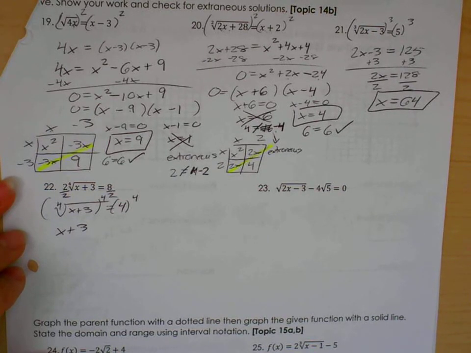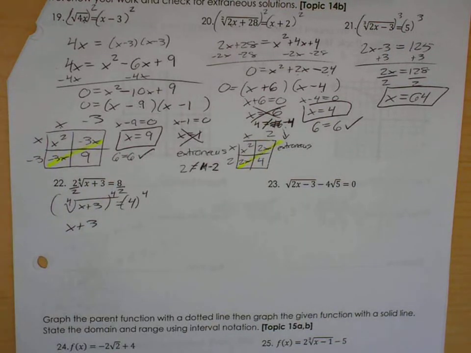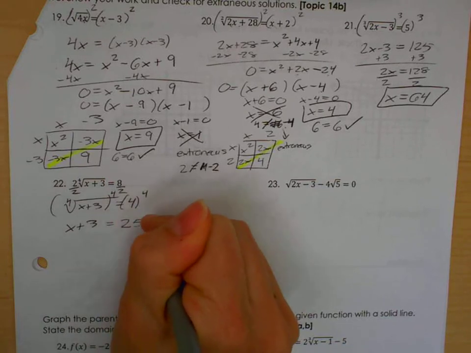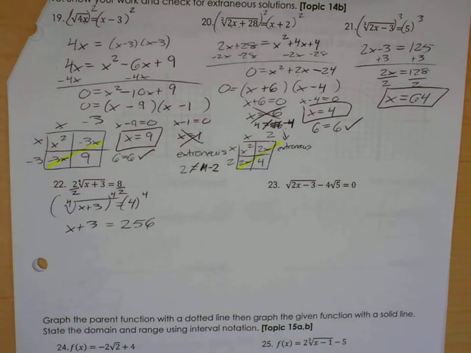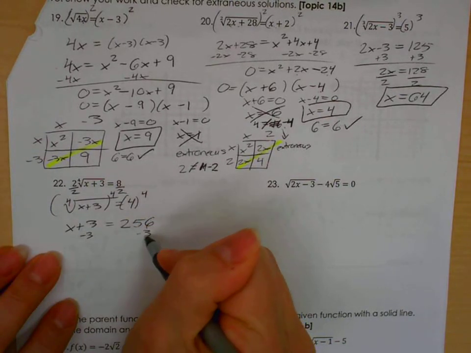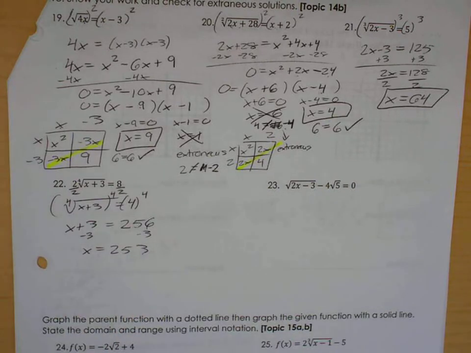And then on the other side, I've got 4 to the fourth, which is 256. And let's see here. I need to get rid of this 3. So I get x equals 253.